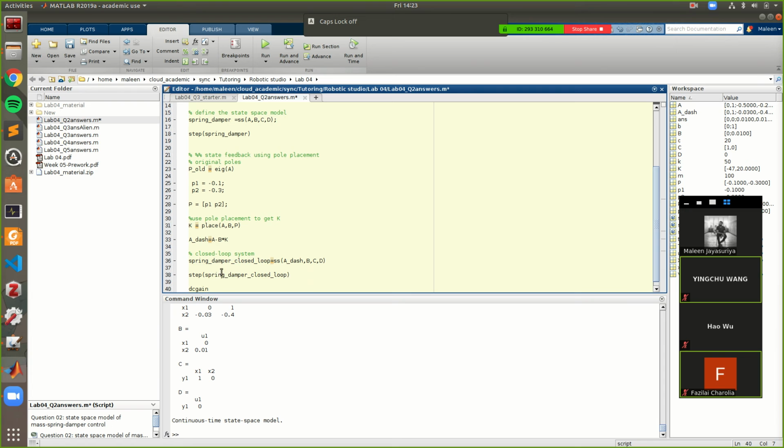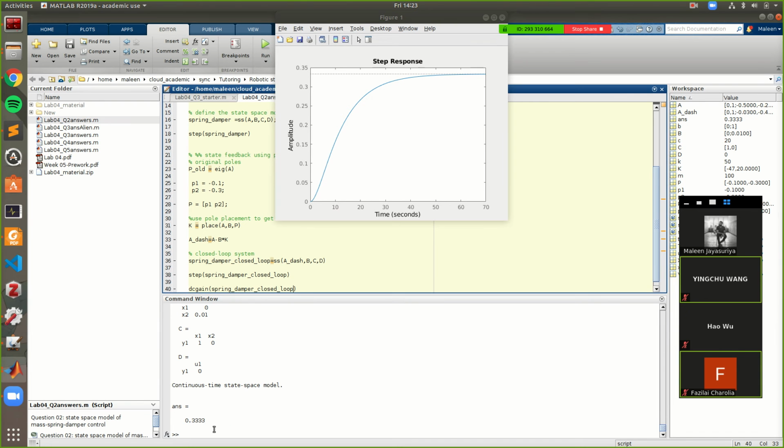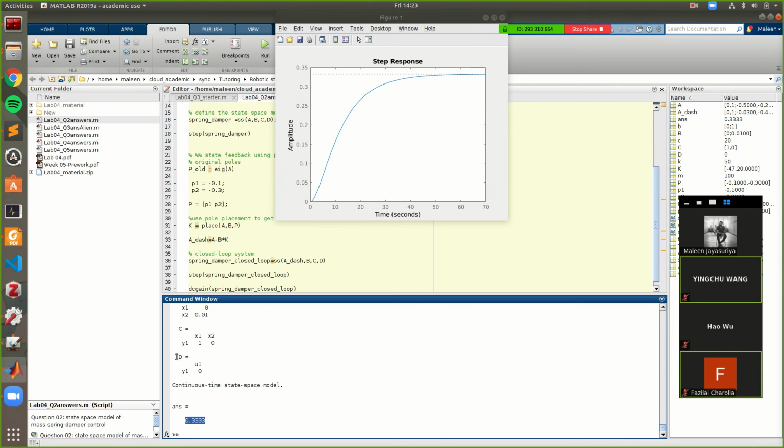If I say dcgain and give it the state space value of the closed loop system and run this, you can see that the DC gain is 0.3333. So this value is not 0.34, it's 0.3333. So if you multiply the input by 0.333, you will get the answer that you want, right?